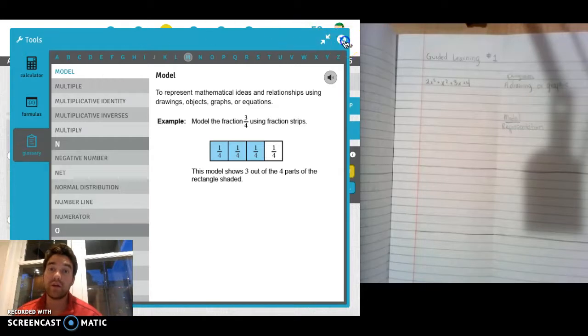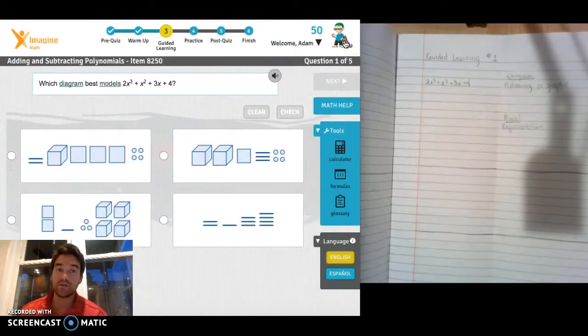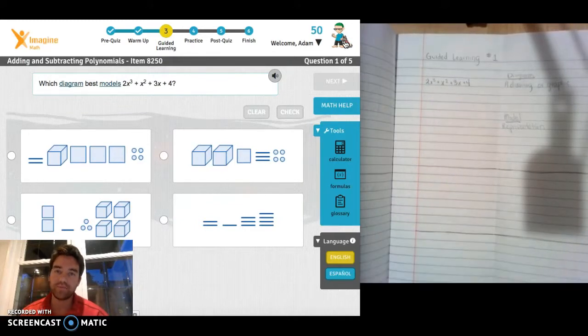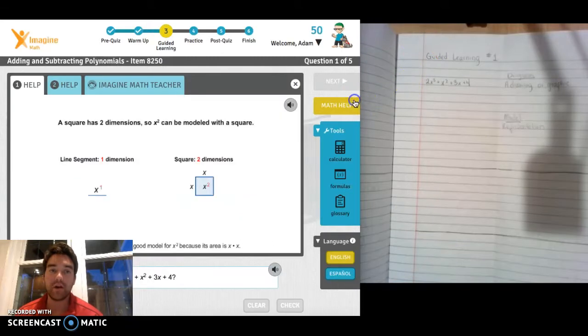So now I'm like, okay, what represents 2x cubed plus x squared plus 3x plus 4? If I still have no idea, I'm going to go to math help. This is showing me a square has 2 dimensions, so x squared can be modeled with a square. Cool.